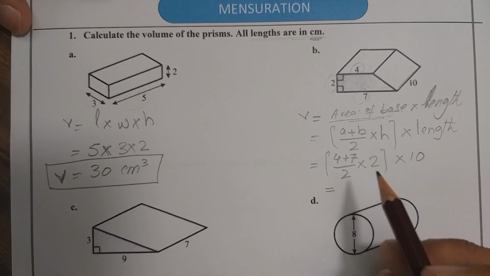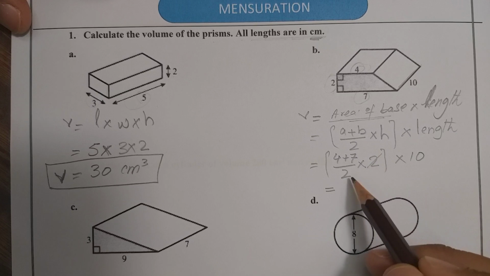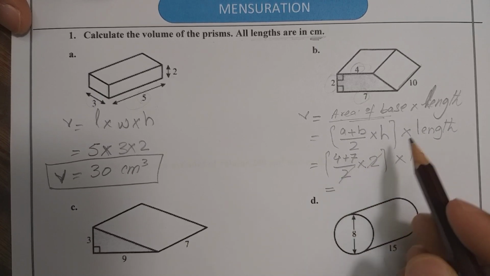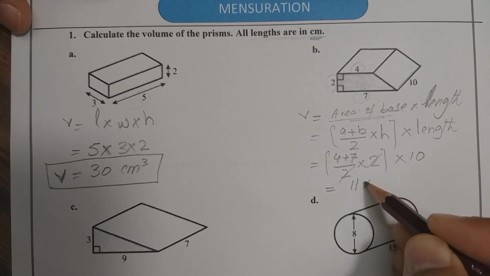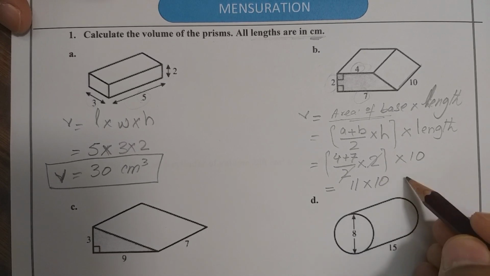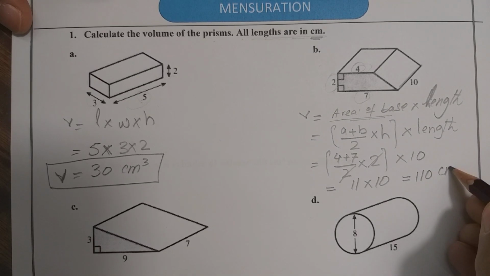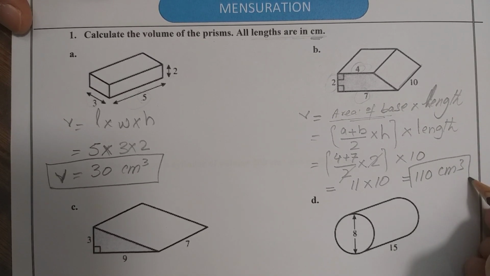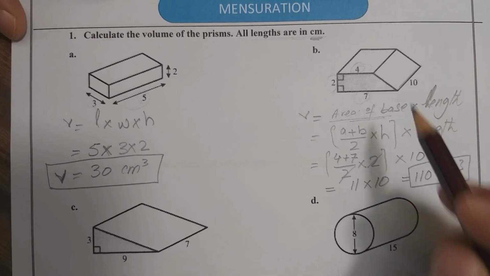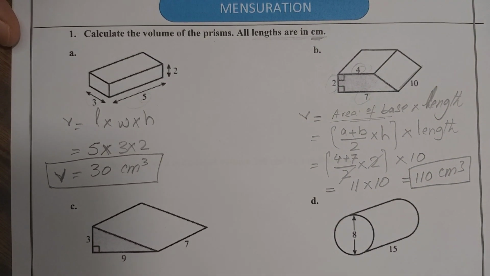Simplify. This is multiplication, so this cancels. So 4 plus 7 equals 11, times 10. When you simplify, it becomes 110 cubic centimeter. So this is the volume of this trapezoid object.